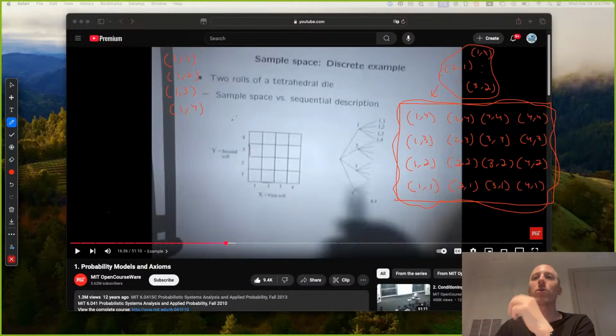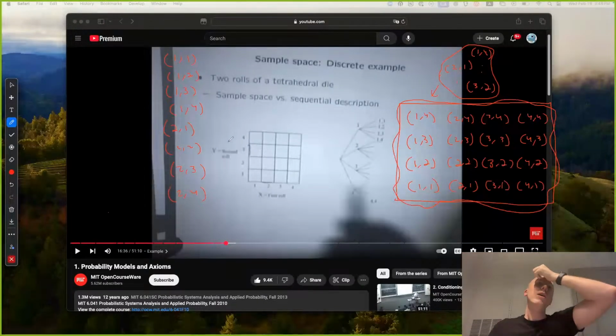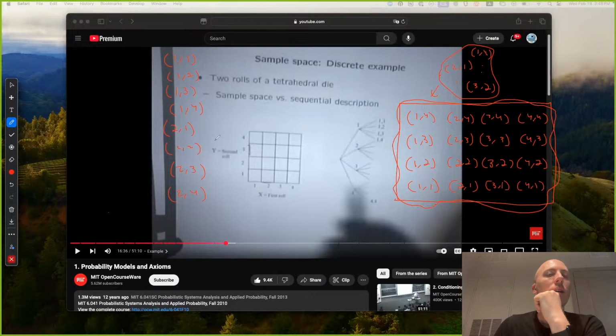We are arranging them vertically, but now it's going to be different where we do 2,1; 2,2; 2,3; 2,4 like this. We can draw it the same way. This is the sample space, and we're just arranging them vertically.